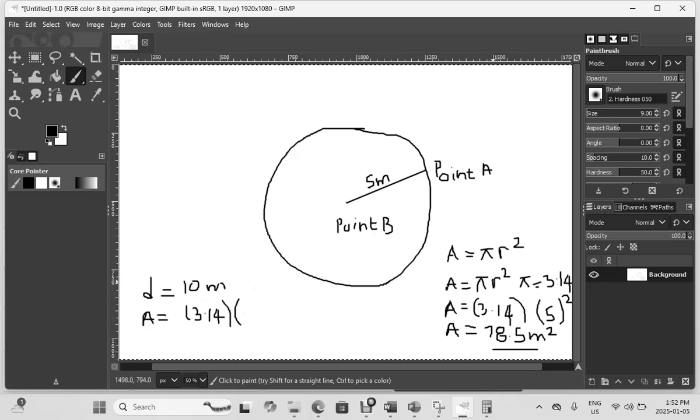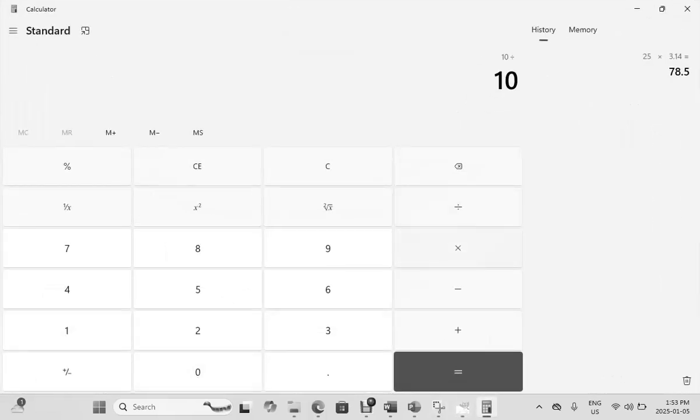Now, remember that diameter is two times the radius. Since we have an r in the formula, we'll need to use d over 2 squared, which means your diameter divided by 2 will give you your r, which gives you your formula, pi r squared. So your area will be 3.14 times 10 divided by 2 squared.